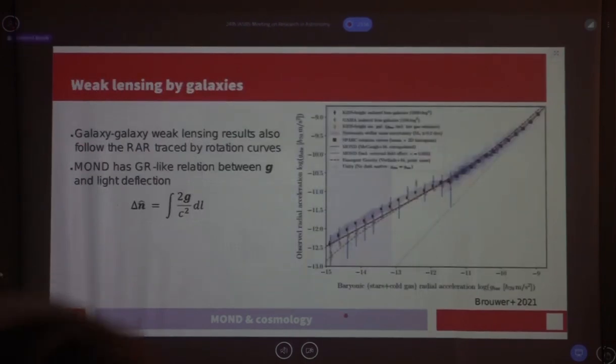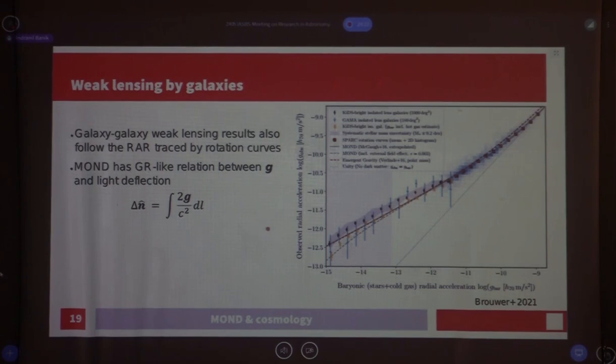Now, just to show the weak lensing results, this is what I mean by saying we have this general relativity-like relation between the deflection angle and the gravity felt by non-relativistic particles. This is totally standard. Also works on, but in MOND, the G sourced by the same mass will be higher.